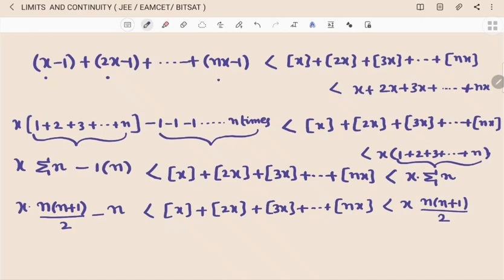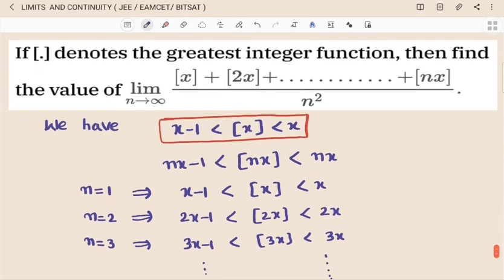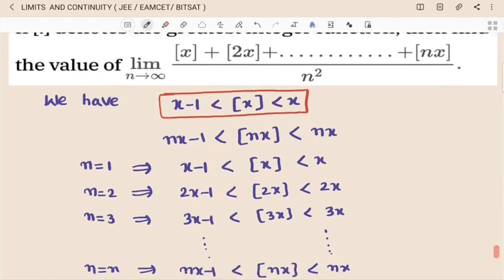But our question has n squared. We got the numerator value, now the denominator is there, so divide by n squared.